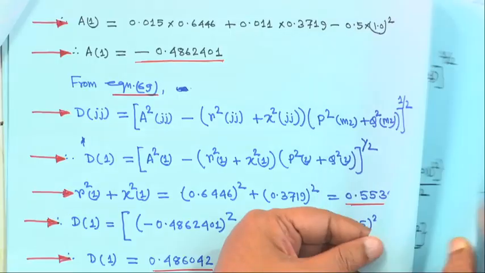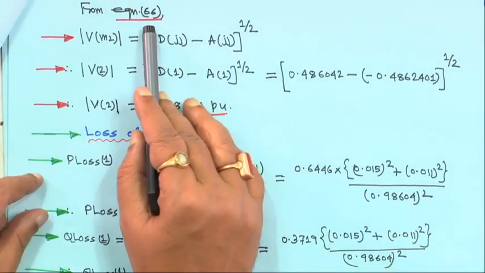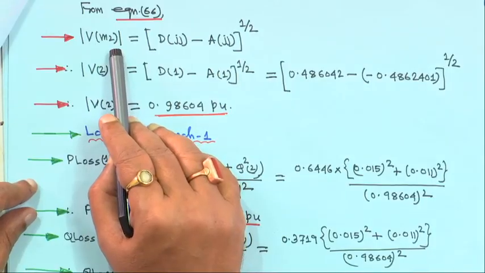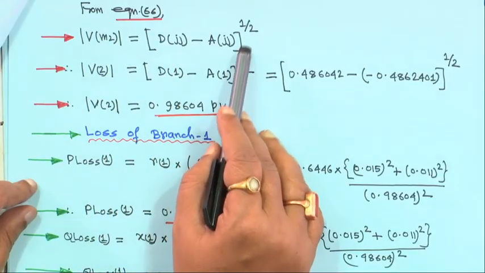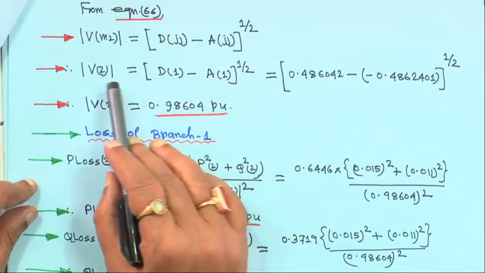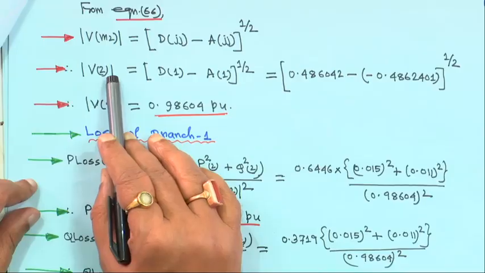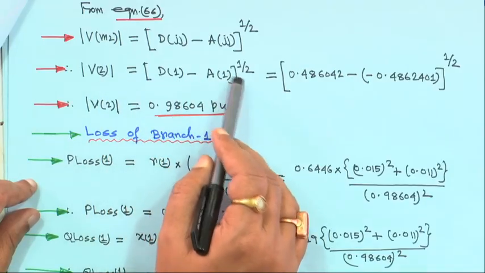Next is calculation of voltage magnitude. So, from equation 66 we know that voltage magnitude Vm2 is equal to (Dj minus Aj) to the power half, right, but for jj is equal to 1, m2 is equal to 2, this is the very first iteration going on. So, V2 is equal to (D1 minus A1) to the power half.